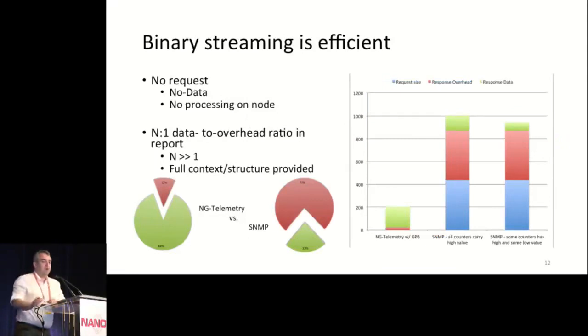Efficiency on the wire means that we probably have to send the data as binary. It still could be a self-describing format. We still could have some information about the data, about the particular counters, embedded into the report. But it has to be embedded as binary numbers. And we also need to avoid sending redundant information.